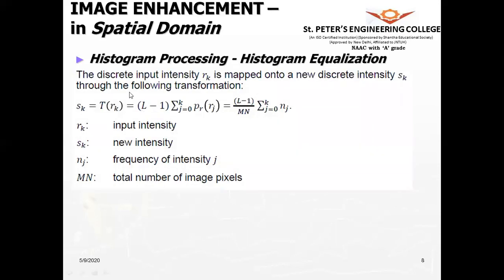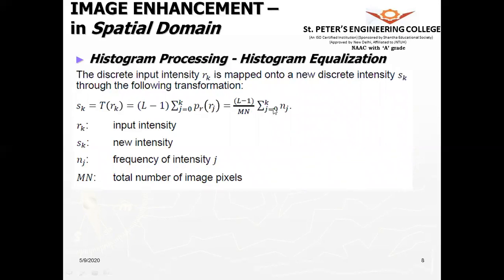So how do we perform histogram equalization? We use this equation here. The discrete input intensity Rk is mapped to a new discrete intensity Sk using this equation. Sk is equal to T of Rk. It's the same equation we defined previously, but here we are telling it in a different way. So Sk is equal to L minus 1 times the sum from j equal to 0 to k of PR of Rj.